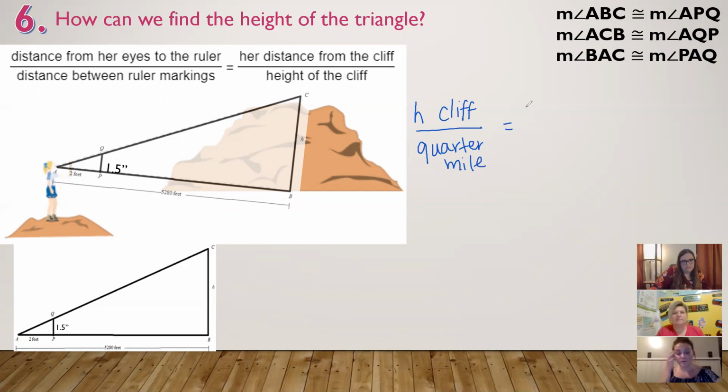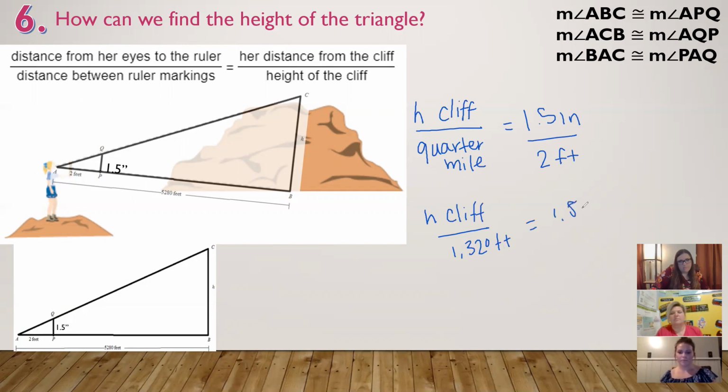And then you'll have the 1.5 inches over 2 feet. And you'll finish that out because you're still finding the height of the cliff. And we know that a 1/4 mile is 1,320 feet. And when you work that all out, you're going to get 82.5 feet is going to be your height, like Jess showed us.